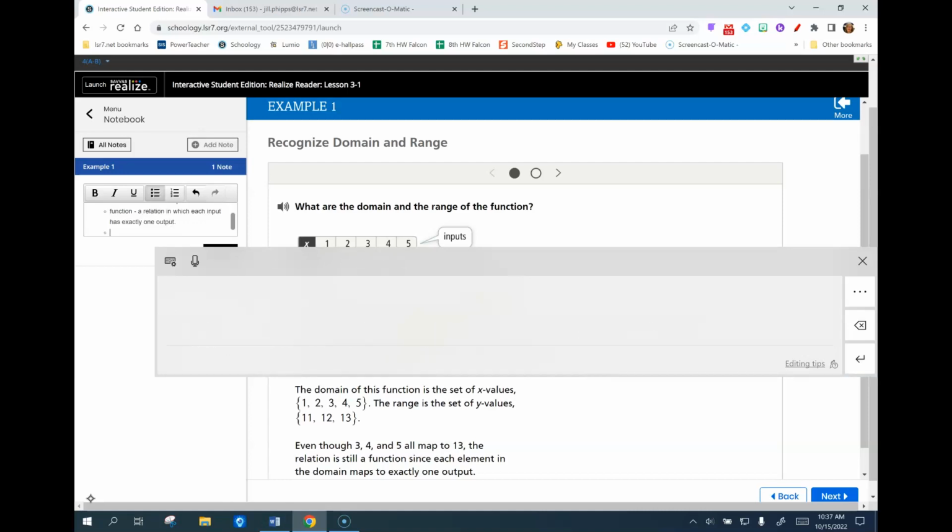I would also put in there, with a hyphen, no x values can repeat. Okay? And you get the idea. So you can type this in, you can write it in, depending on what your computer does. I'm sure you'll be able to figure that out. You guys are great with technology.